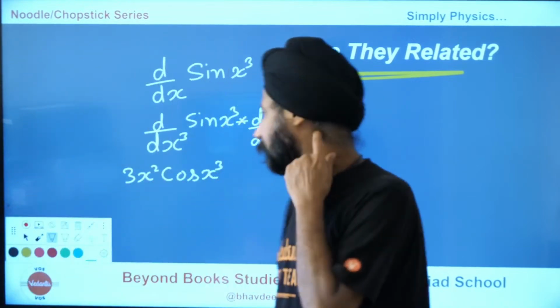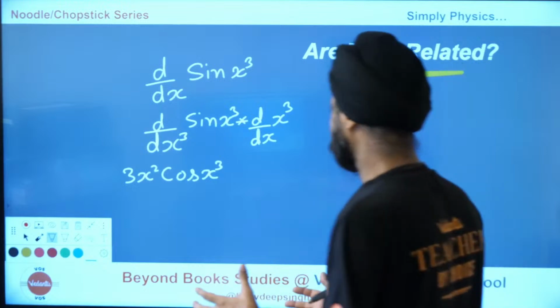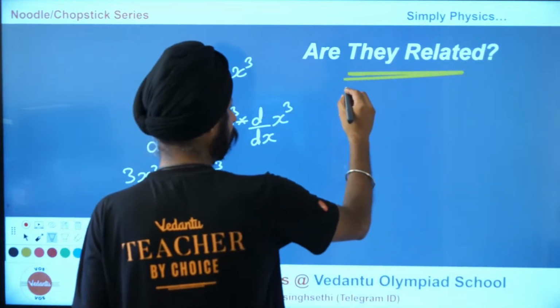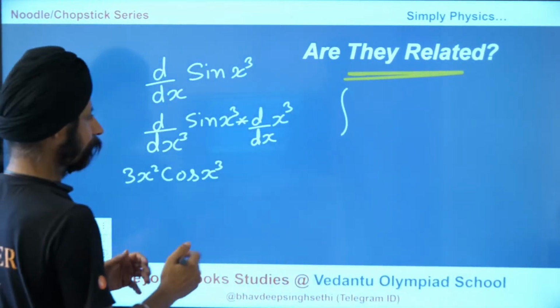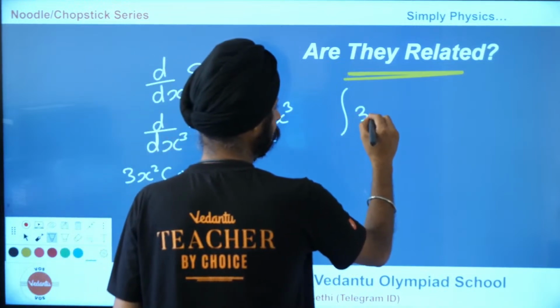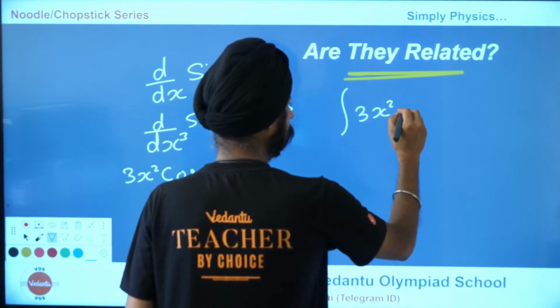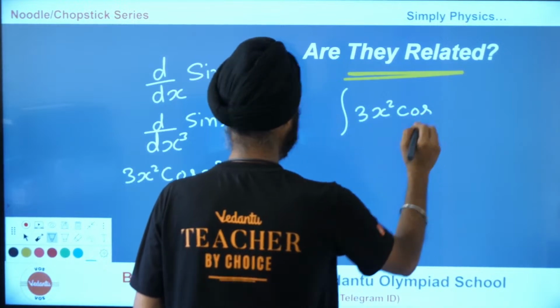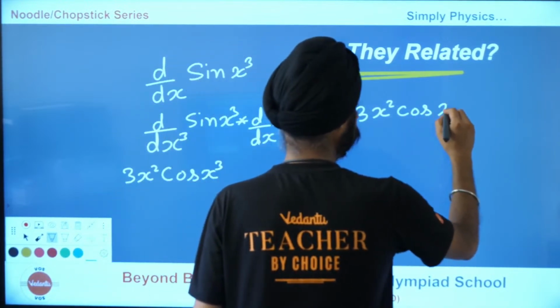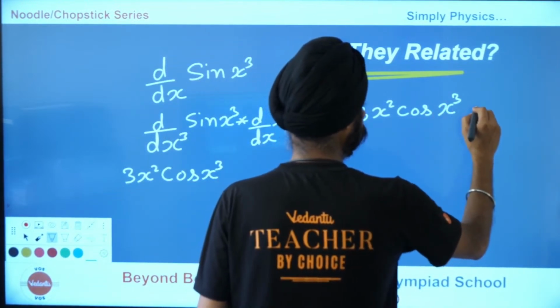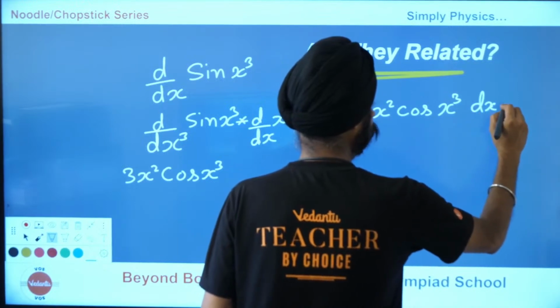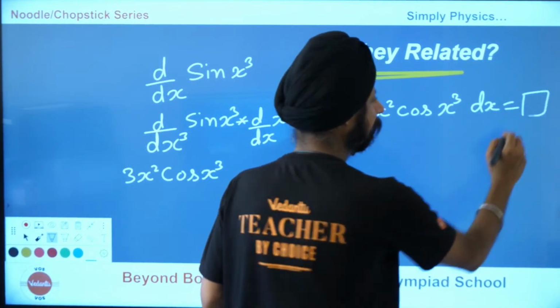Good. Now I go into the world of integrations. If I do integration of, let's say, 3x squared cos of x cubed dx, there should be some box here. That will be my answer.